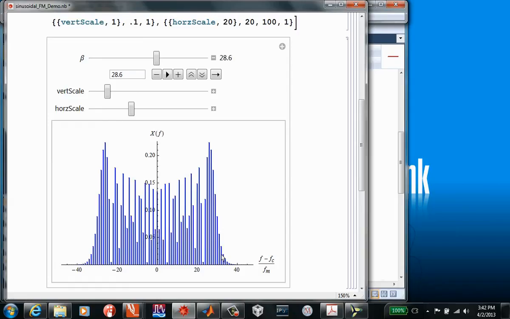This is very inefficient. This is spreading things out a lot. But there's a benefit of doing that if you've got the spectral resources, and we do it all the time. We certainly do it in cellular telephony.